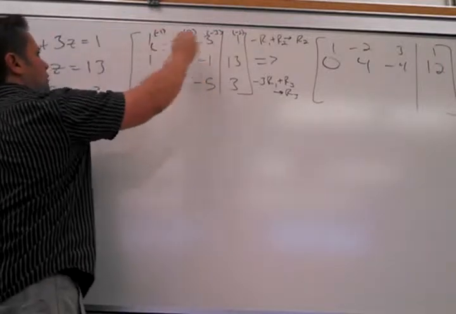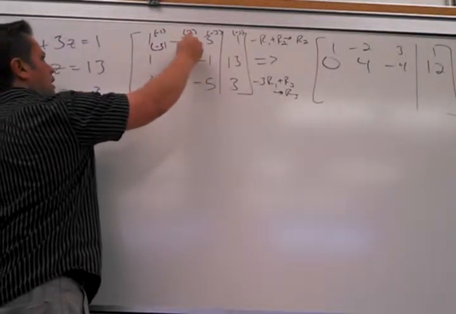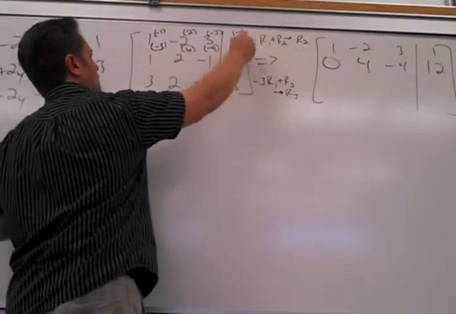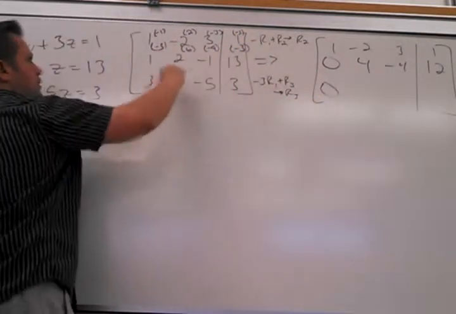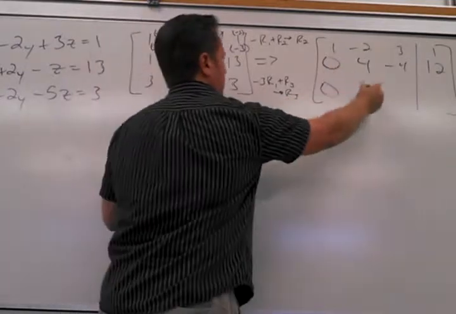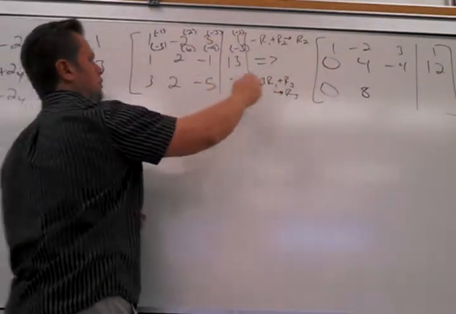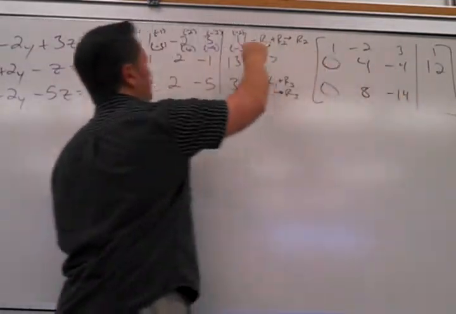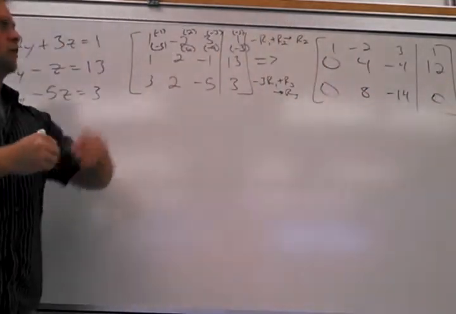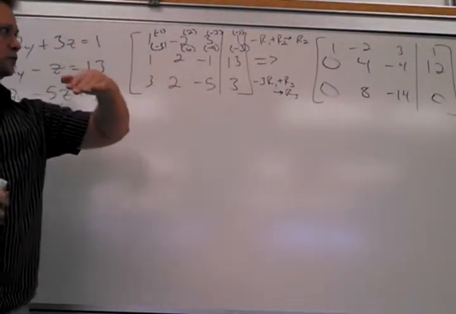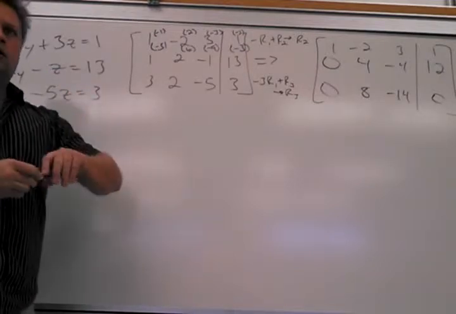So here, multiply this by negative 3, so I get that. Of course I get the 0 I want there, and whatever else happens. Negative 4. Good? 0. Simple. Now what can I do to both row 2 and row 3? Divide by 2, or 4.